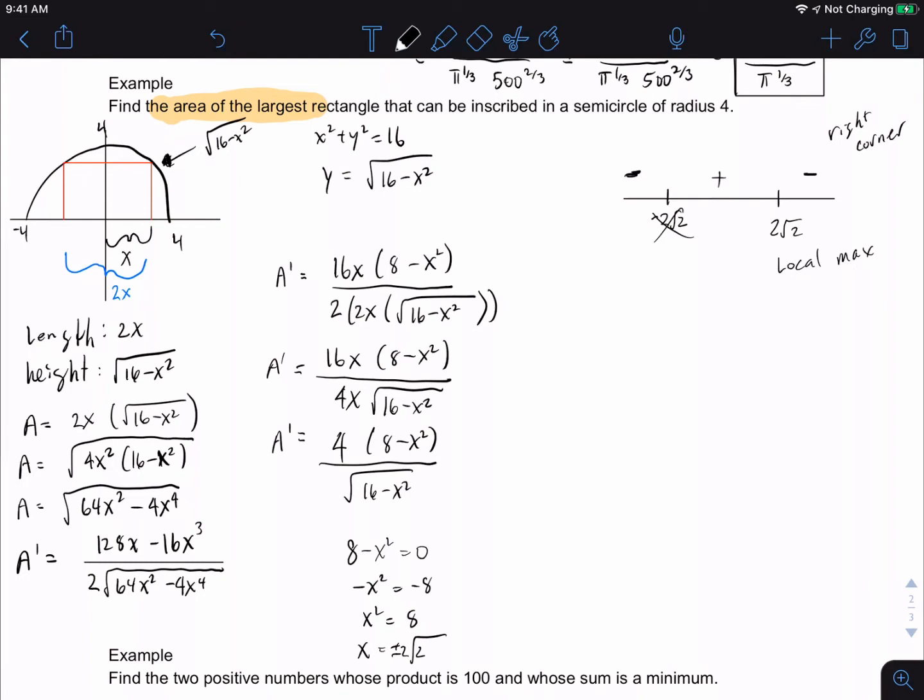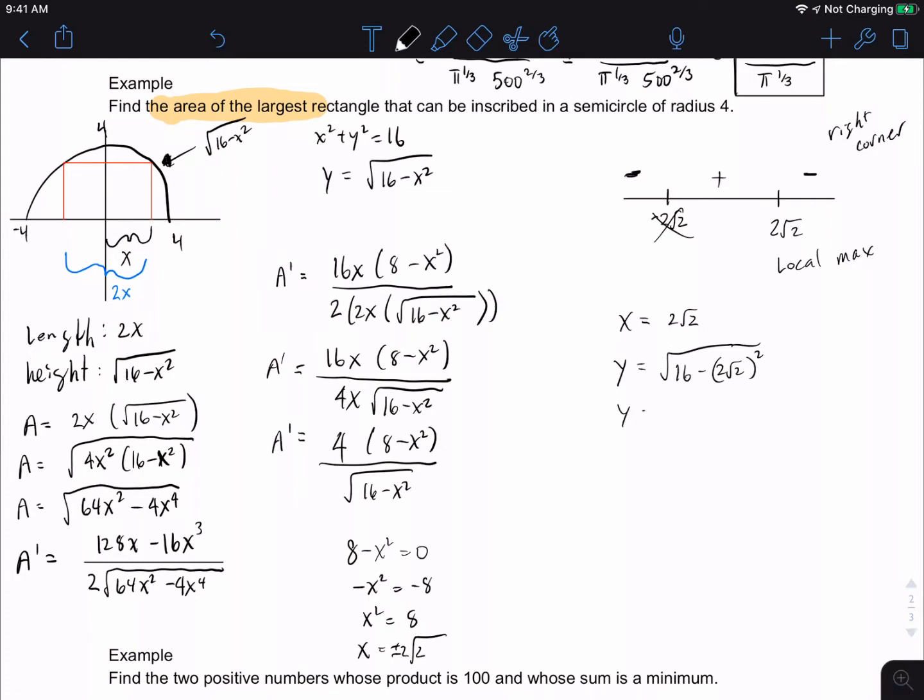Now, this problem, if we really pay attention to it, it's saying find the area of the largest rectangle. So isn't it asking us to find out what both x and y are? So we know x is 2 radical 2. So then to get y, I'm going to have to go square root of 16 minus 2 radical 2 squared.